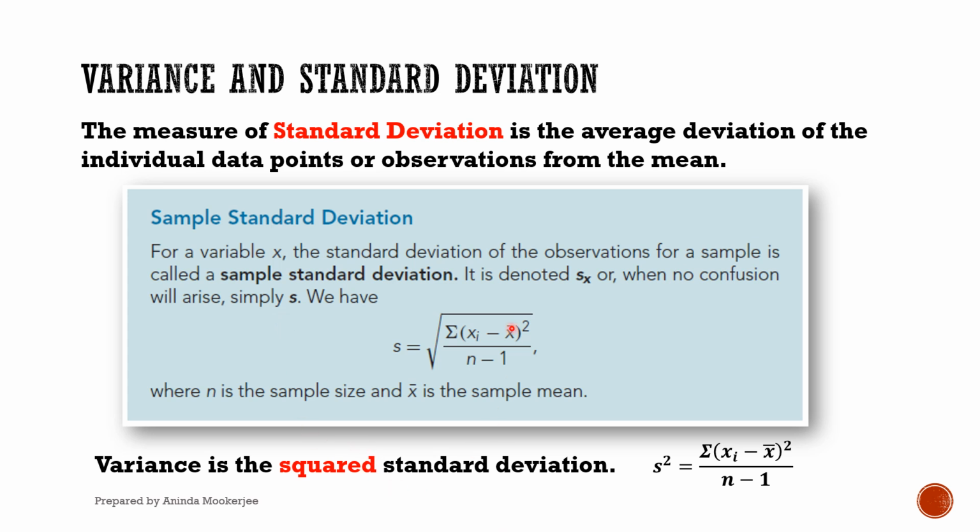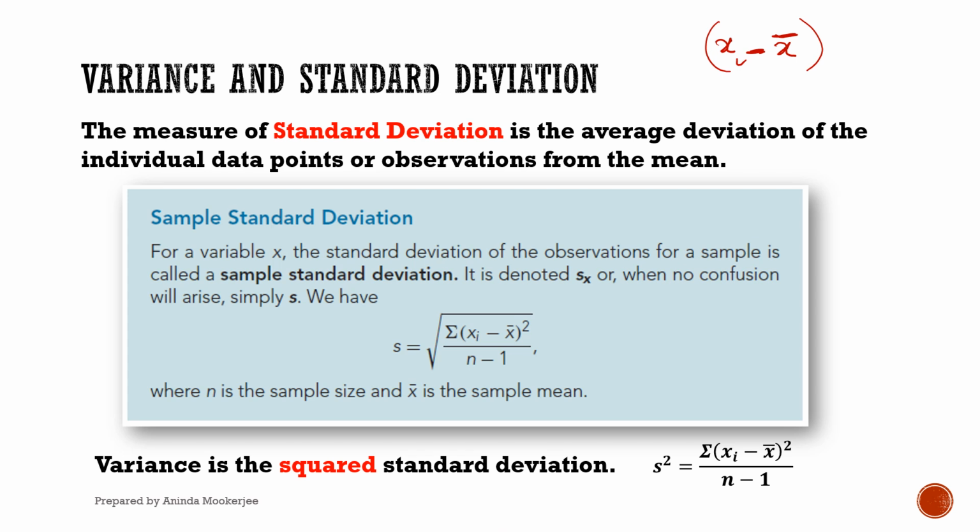All right, so what this formula does is it first calculates the mean of the data set, denoted by the symbol X bar. And then it takes each individual data point and finds how much it is off from the mean of the data set.